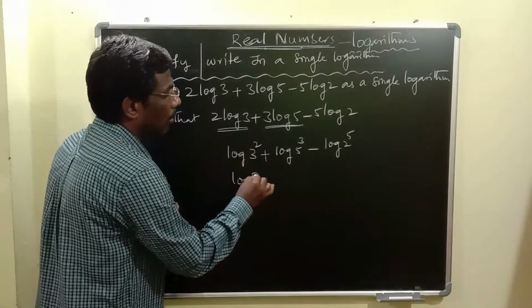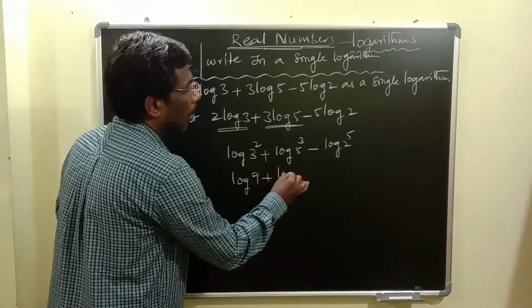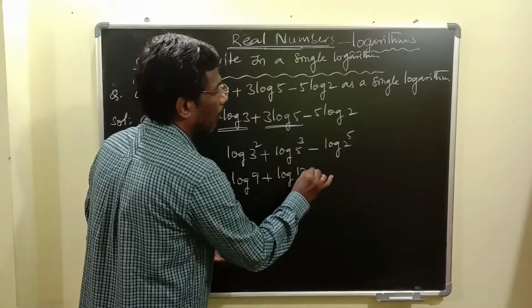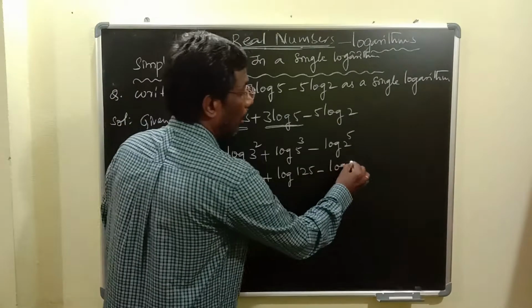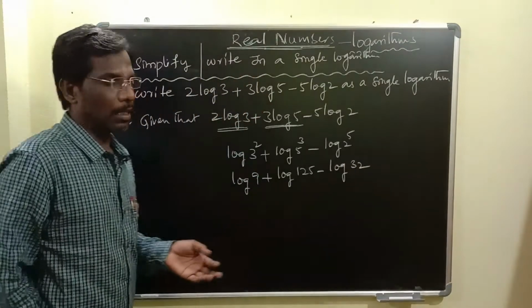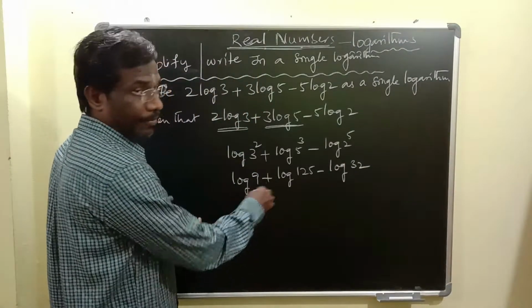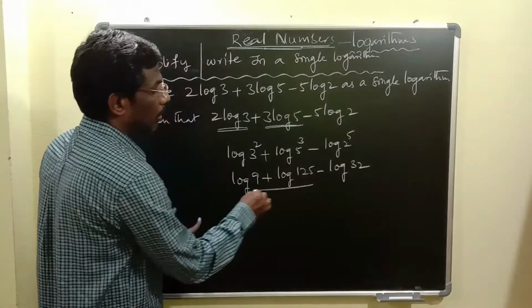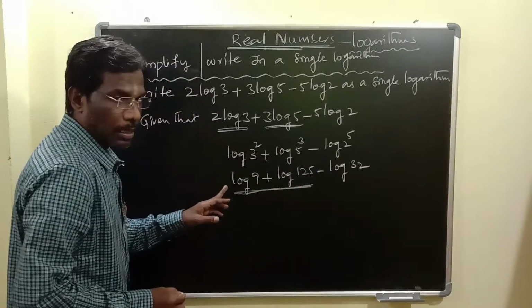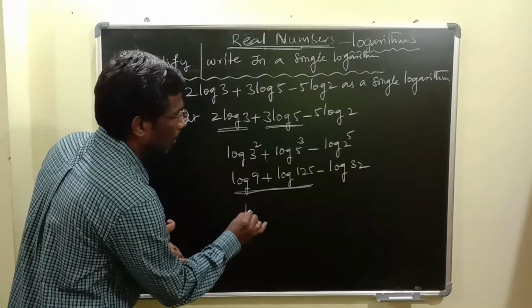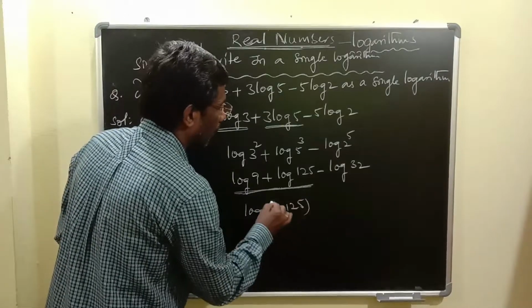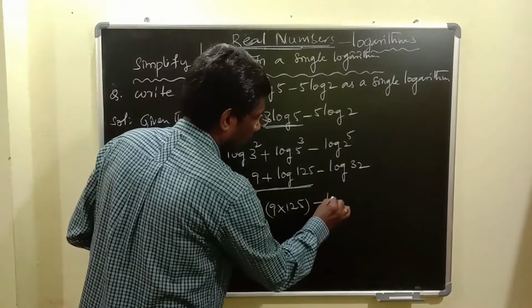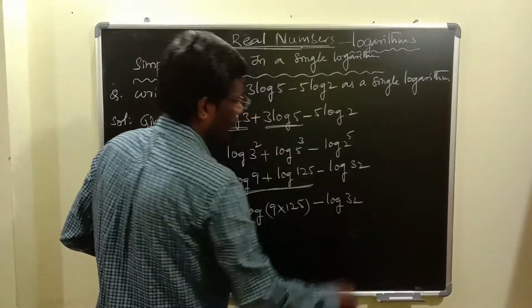Write log as it is. 3 square is what? 9. Plus log 5 cube is what? 125. Minus log 2 power 5 is what? 32. Now first we simplify the two terms. For these two terms we apply the first law, log 9 times 125, and write the last one as it is, log 32.